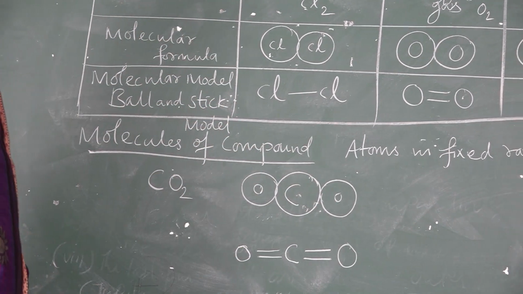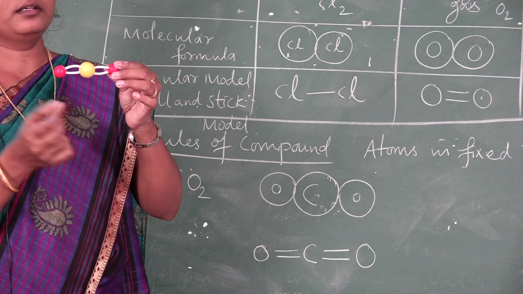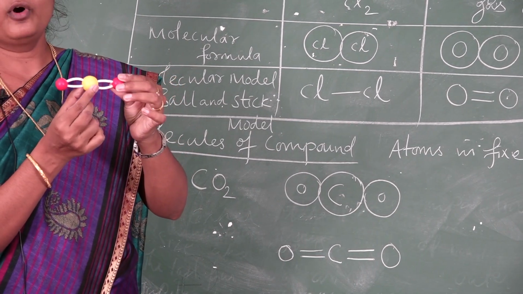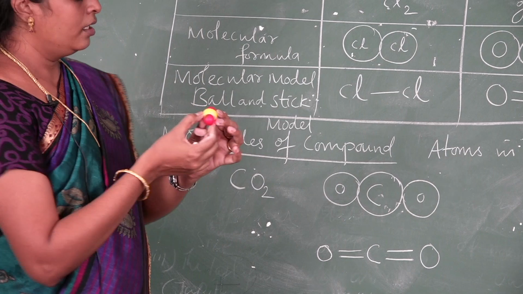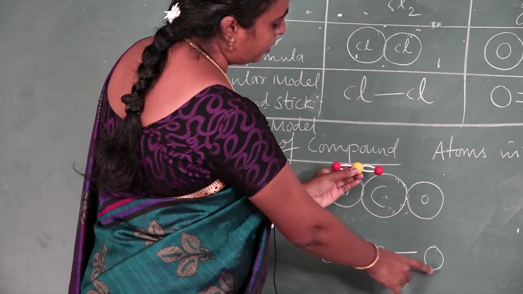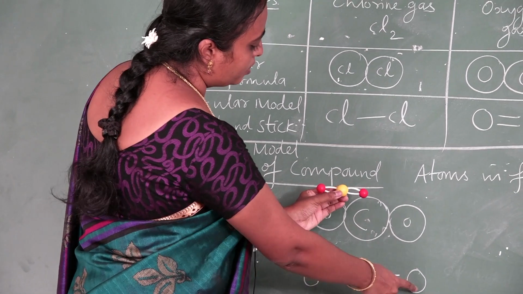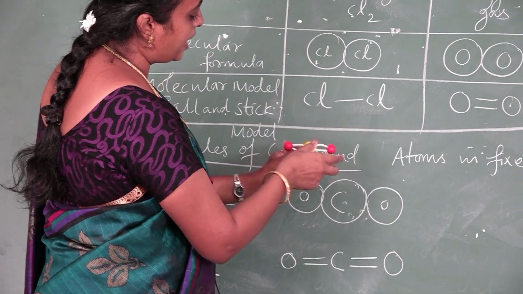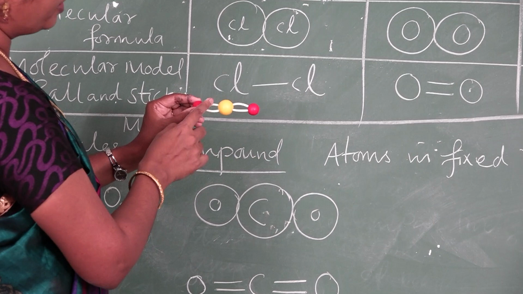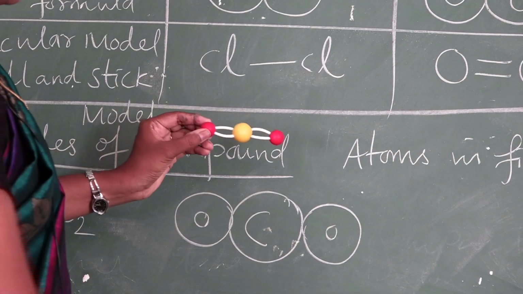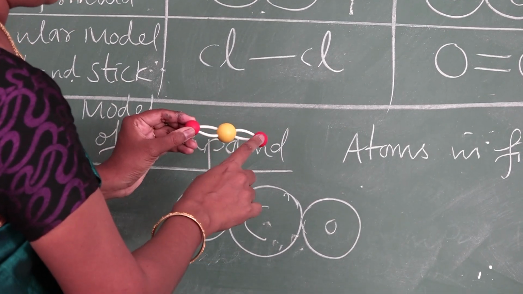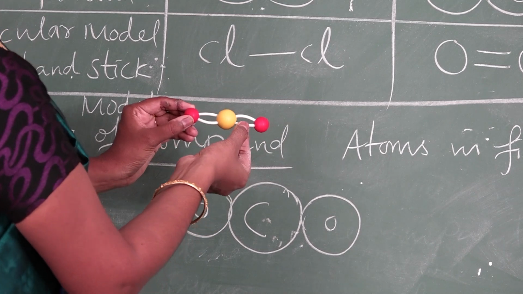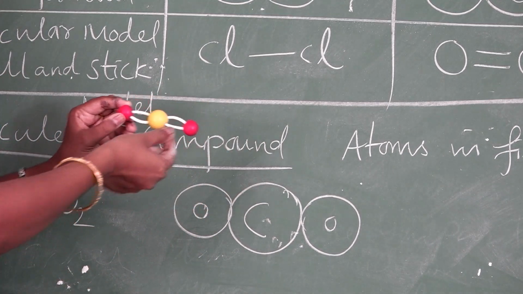In this model, the yellow ball indicates a carbon and this will be an oxygen. So 1 carbon and 2 oxygen. Between 1 carbon and 1 oxygen a double bond will be formed. That is a double bond. And in the same way, for this carbon and this oxygen, 2 bonds will be formed.